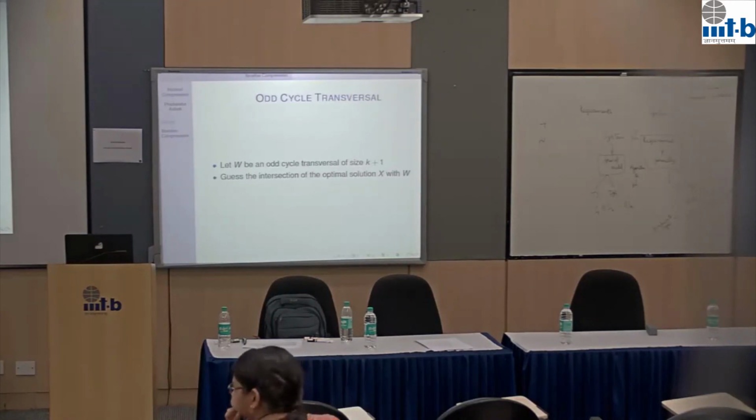Or in other words, you take every possible subset of W and iterate over all subsets. The optimal solution is an OCT of size k.